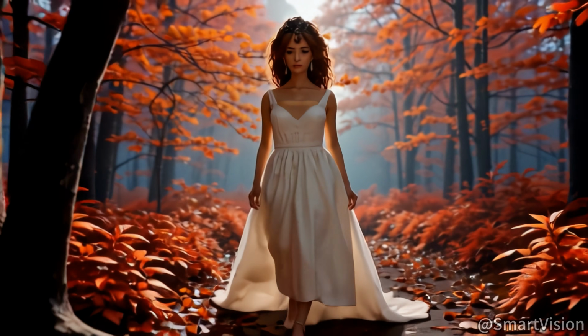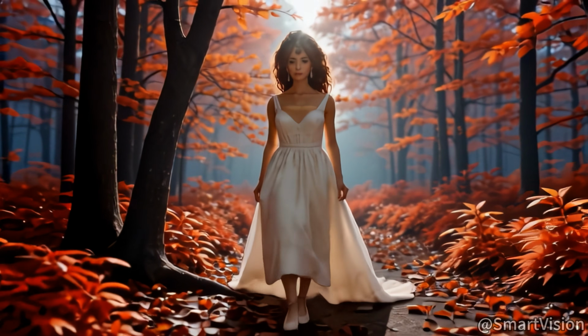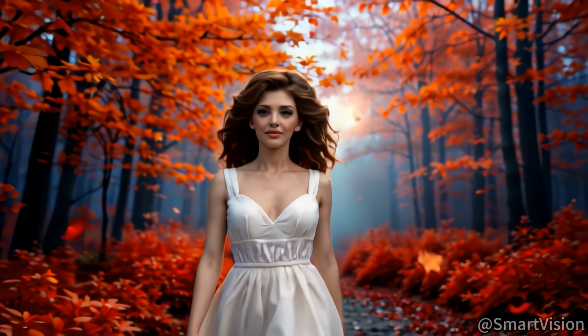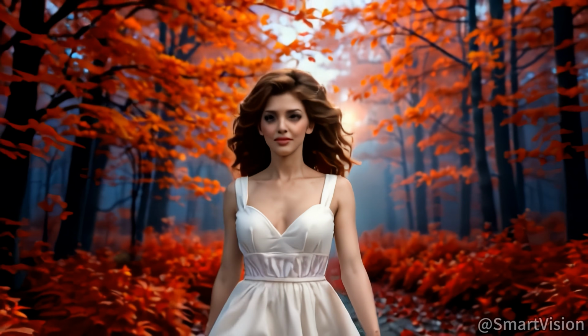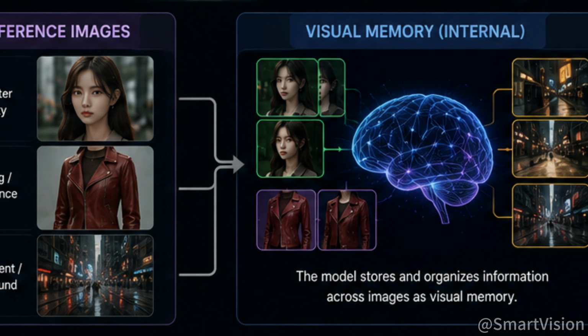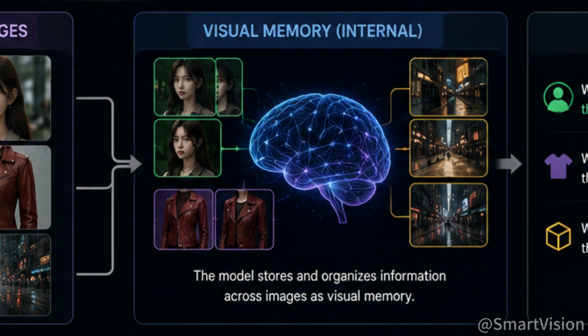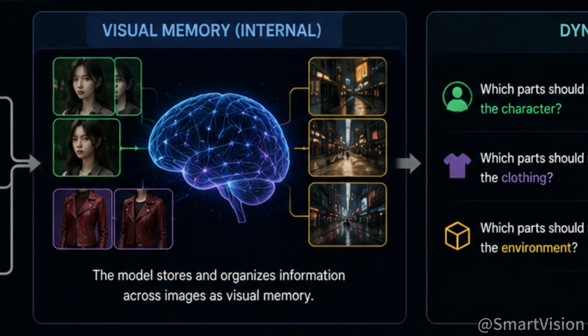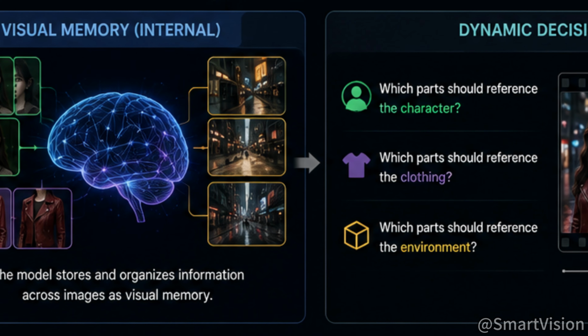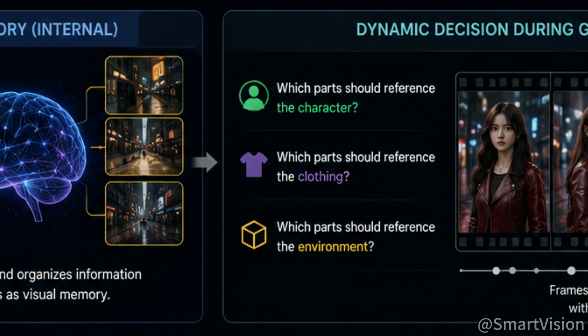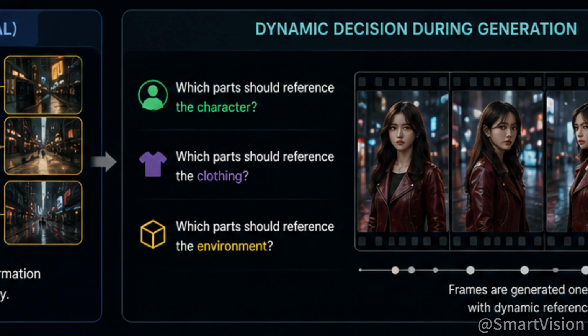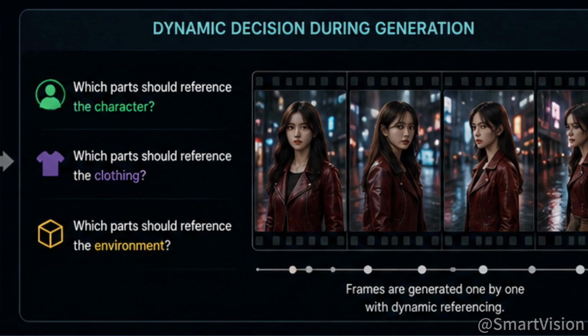Older methods give the model a single character photo before an exam. This method lets the model read an entire character design book before generation begins. Those reference images stop being prompts, they become visual memory. During generation, the model decides dynamically which parts should reference the character, which should reference clothing, and which should reference the environment. It can even combine different elements across images.